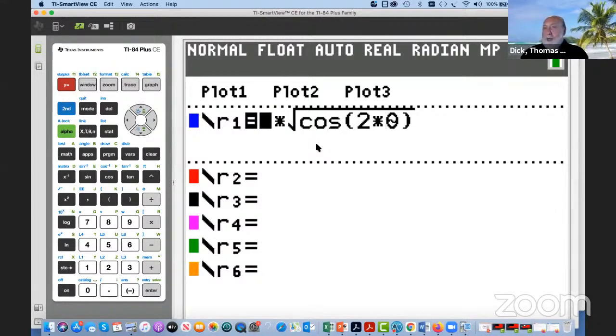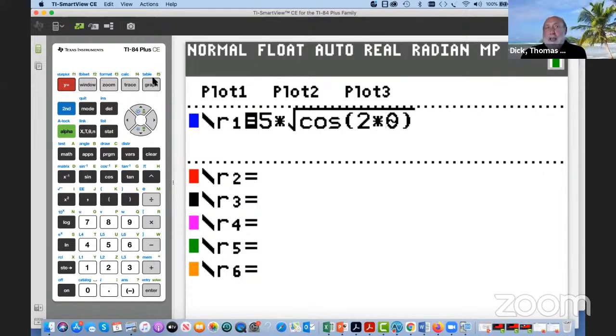It was marching through theta values and not getting any R value defined at all, and that's why nothing was plotted. Then it would finally get to another stretch of theta values, once we got past 3 pi over 4, where R values were defined again. That's why we saw that interesting behavior.